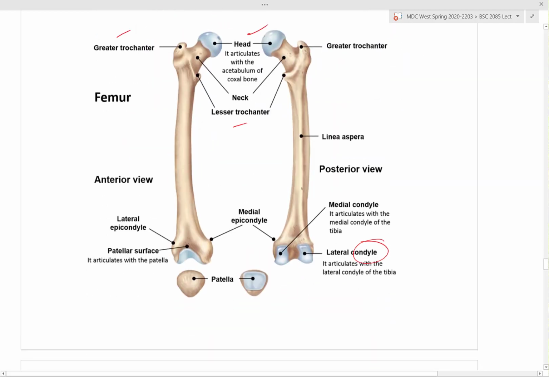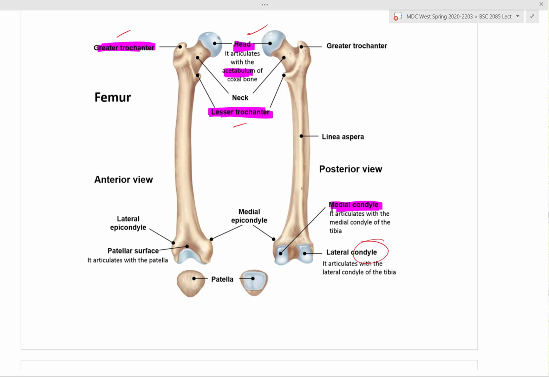Femur, what about the femur? Greater trochanter, lesser trochanter, okay? Know that the head binds to the acetabulum. And please know that the medial condyles of the femur, as they attach to the tibia later on, make up what?